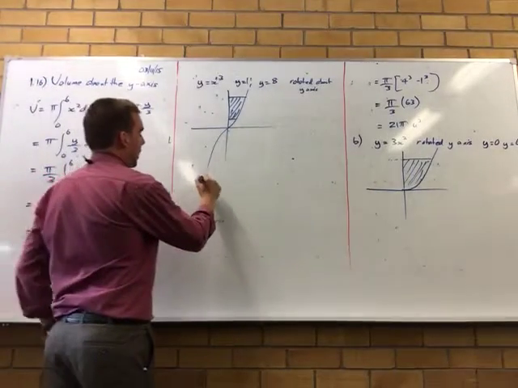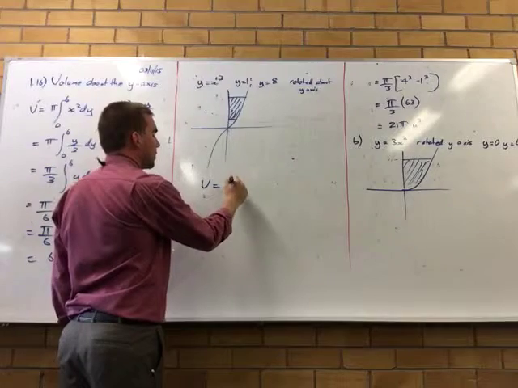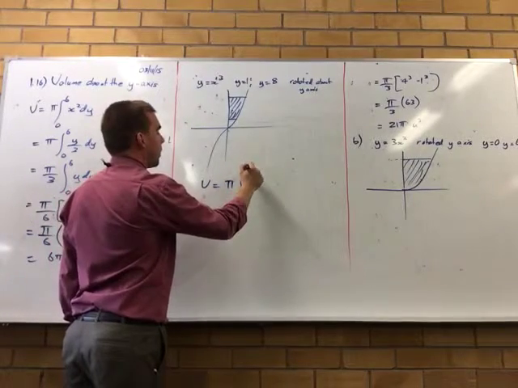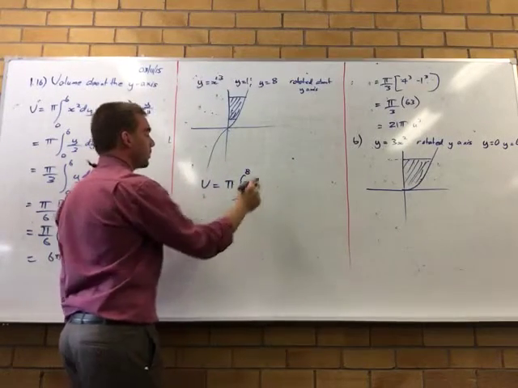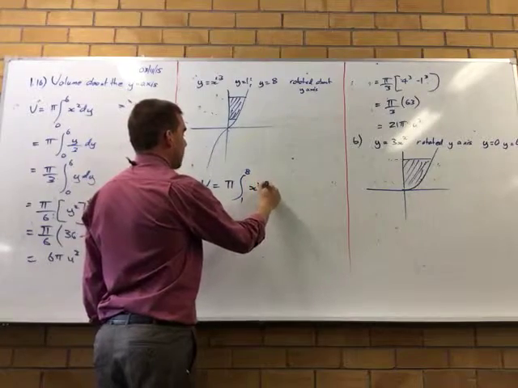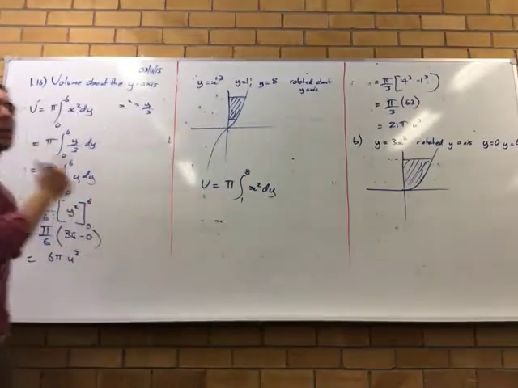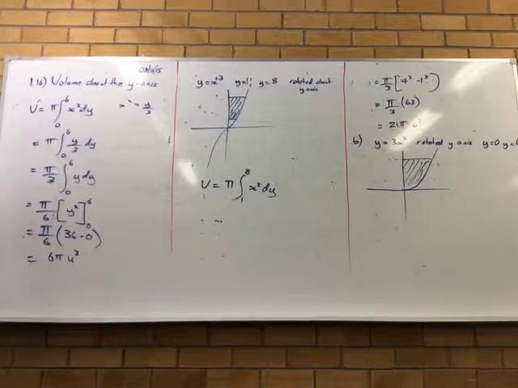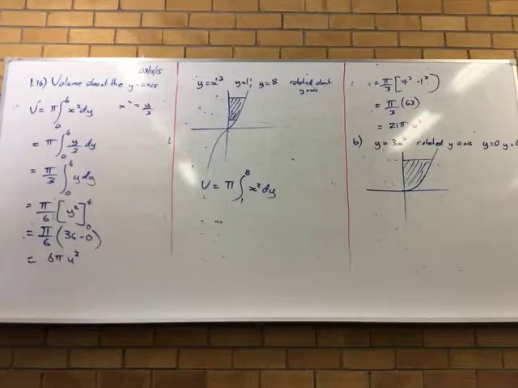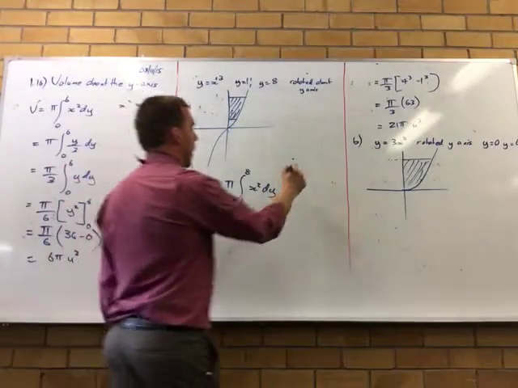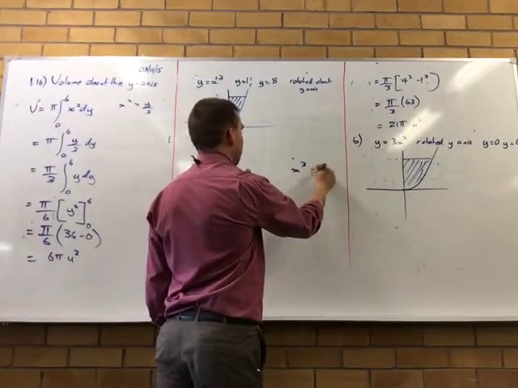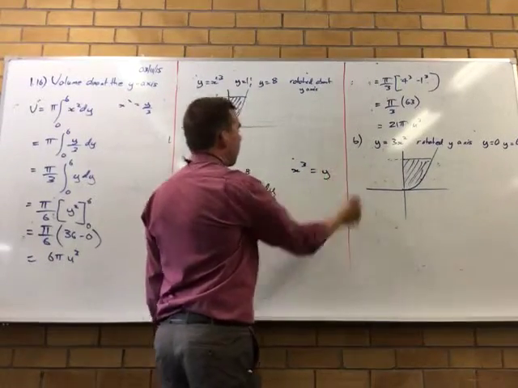Okay, so volume about the y-axis: pi integral from 8 to 1 of x squared dy. So we're rotating about the y-axis, we need the opposite letter as the subject. Okay, so x cubed is equal to y.